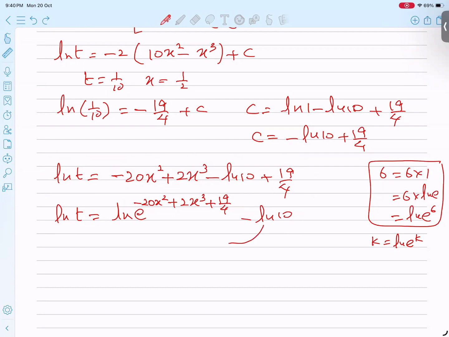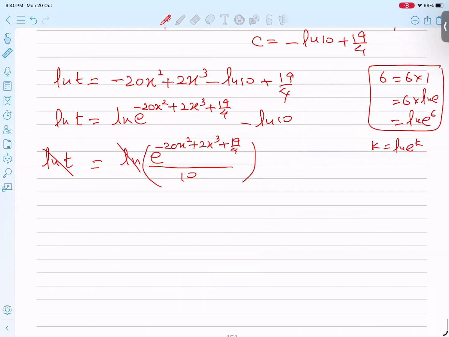Now due to the minus sign, I can say here ln of e to the power negative 20x squared plus 2x cubed plus 19 over 4, divided by 10. Okay, now here ln t, the ln cancels out and we get this answer.